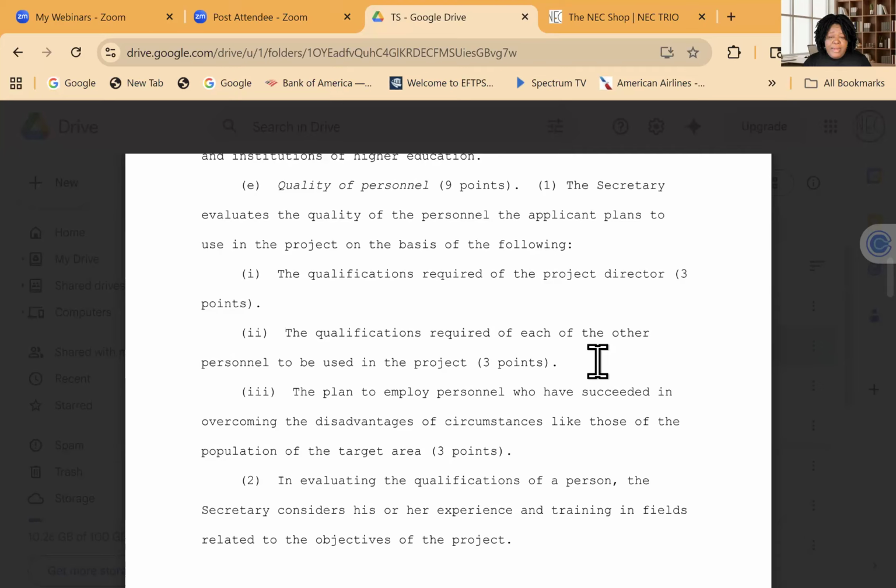I think that, of course, advising and mentoring, those are components, parent engagement. I don't know that I would be too specific about all those things, but definitely you want to demonstrate that you want people to have qualifications of experience with the population that you serve, or similar populations that would translate over nicely into your TRIO project.